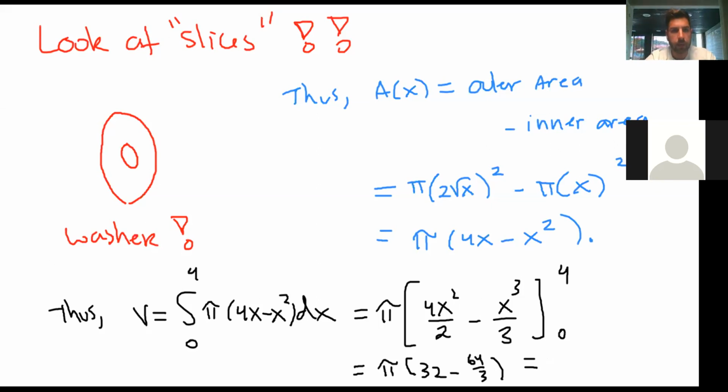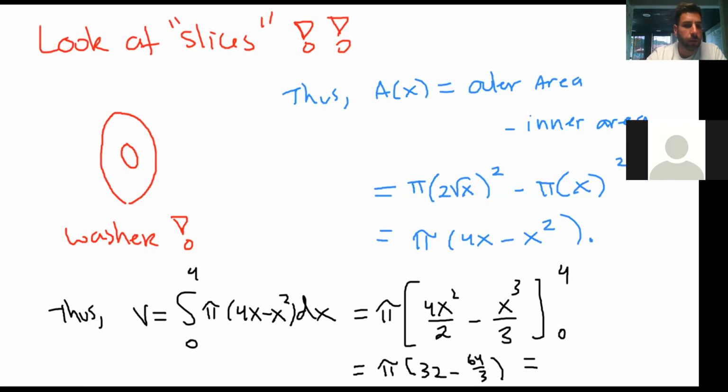And then the last thing you have to do is your basic arithmetic, which is you can multiply 32 by 3. When you multiply 32 by 3, what do you get? You get 96. All right. And then 96 minus 64.